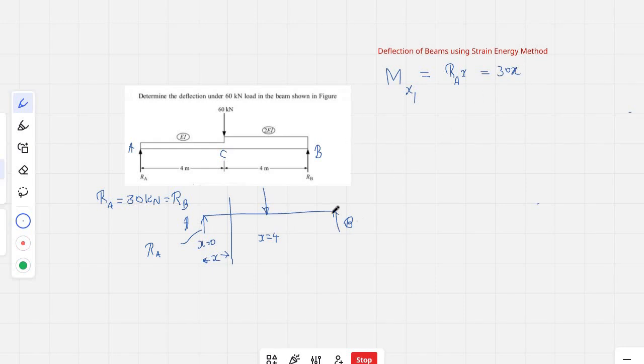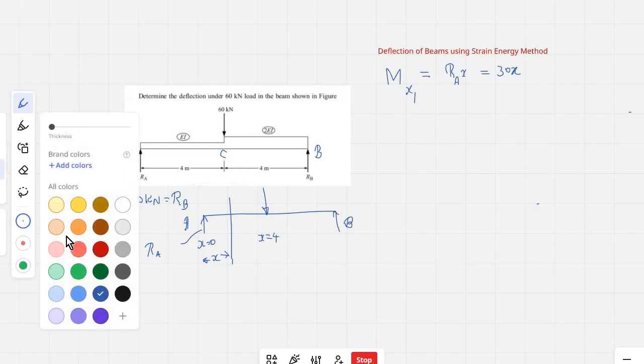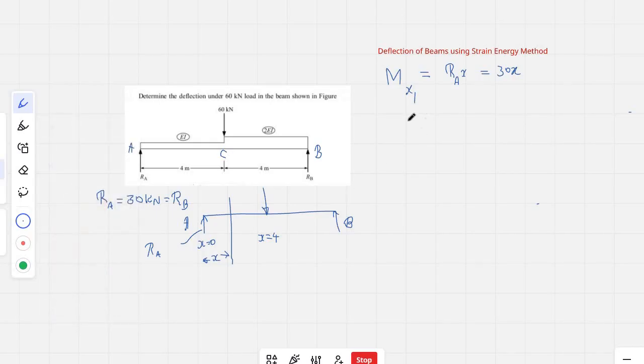Similarly, here we take the same beam. This is RA, here you have 60 kilonewton, and here you have 30 kilonewton as RB.